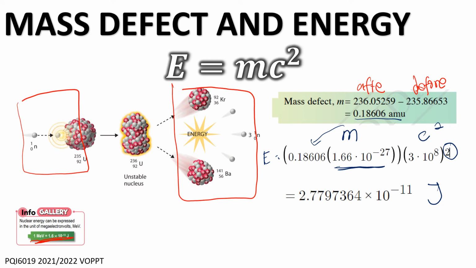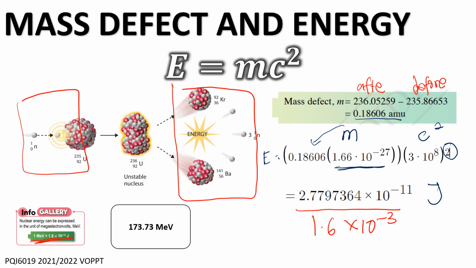So if you want to get the answer in MeV, you just divide the answer here by 1.6. Alright? So you will get this value, 173.73 mega electron volts. Are you okay? Good. You are great.